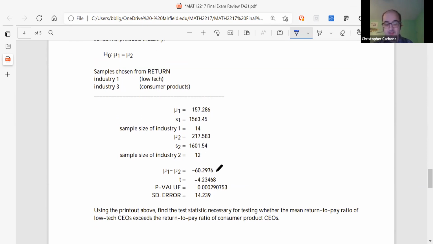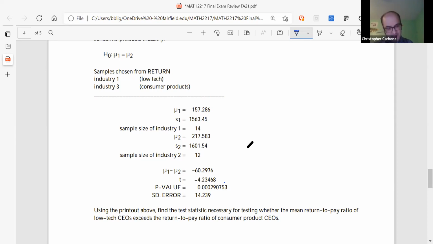We actually have our difference in means to be 60.2976, test statistic T to be negative 4.23, a p-value of about 0.0003, and standard error of 14.239.